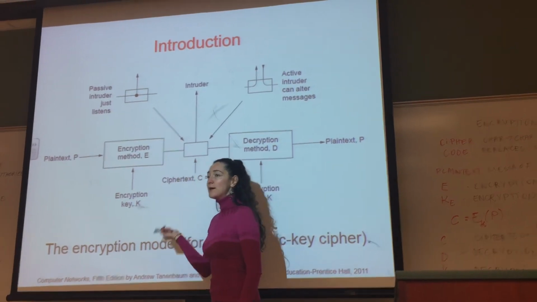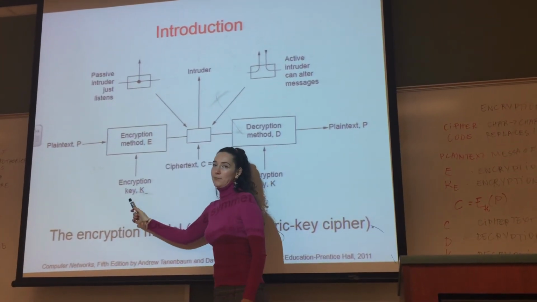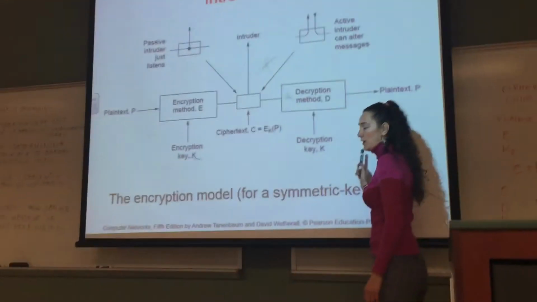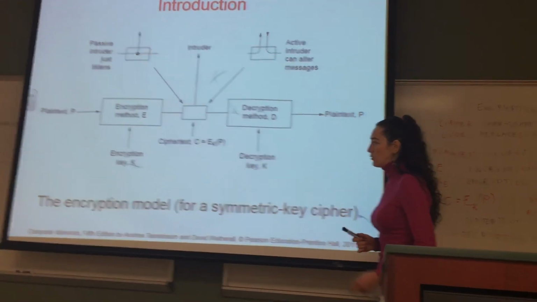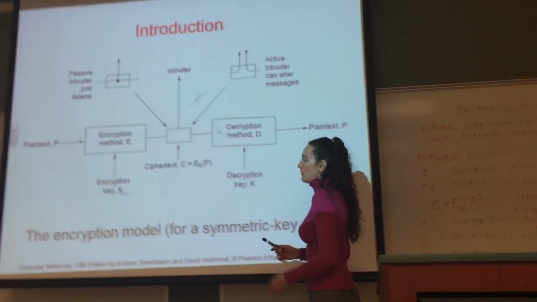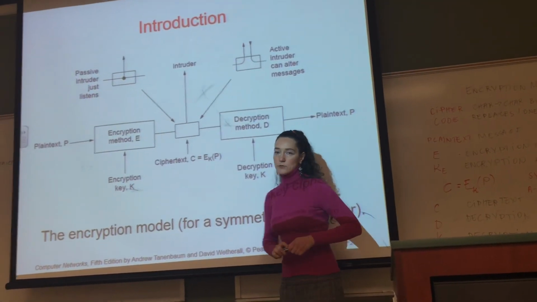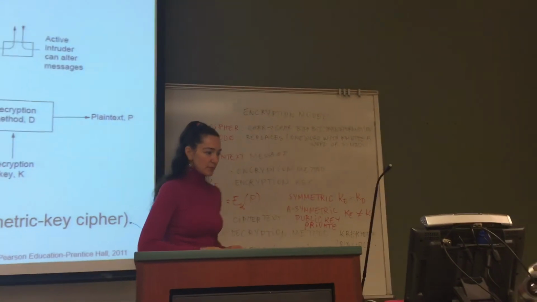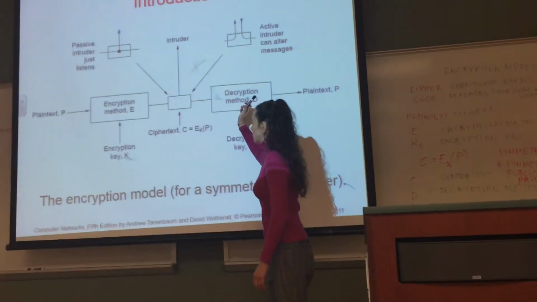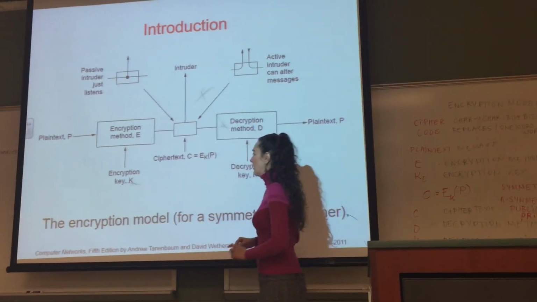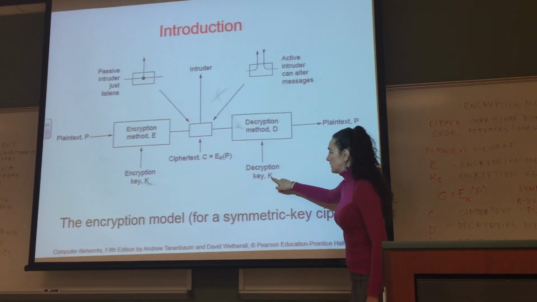And after some time, they even made half of the key public, and only the other half is private. So we have a pair of two keys, one is public, and just the decryption key is private or secret. So everything is known: the encryption method, the decryption method, the encryption key. The only thing that's not known is the decryption key.